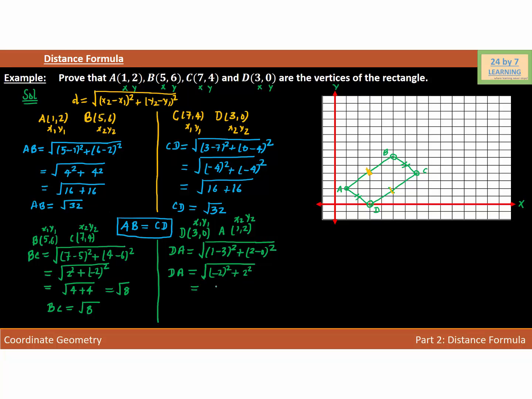So negative 2 squared is 4 and the square of 2 is also 4. So DA is equal to square root of 8.